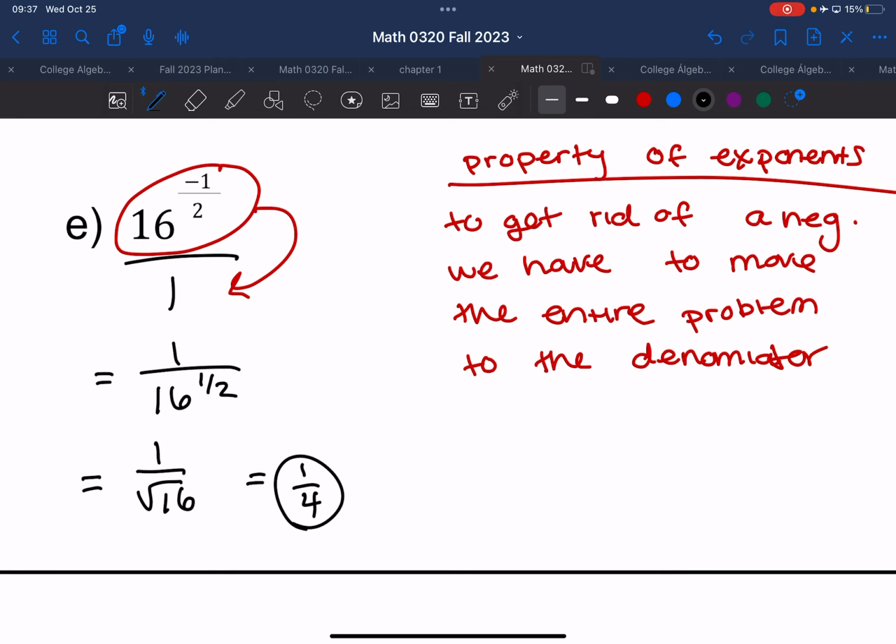Again, we have to do this to get rid of negative exponents. Any questions on the first part?